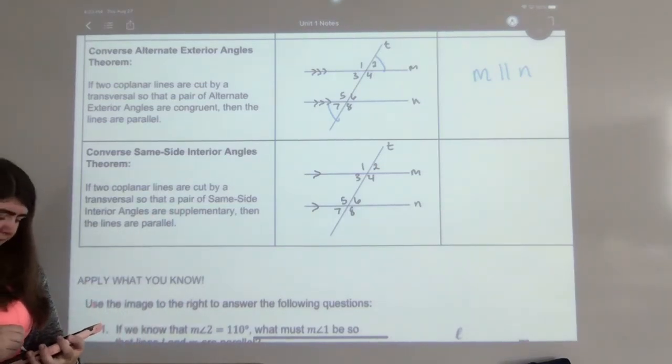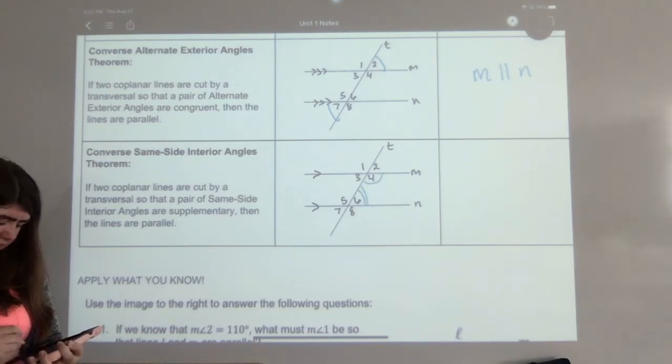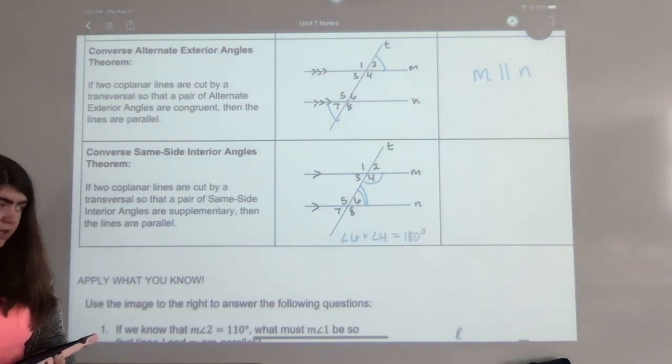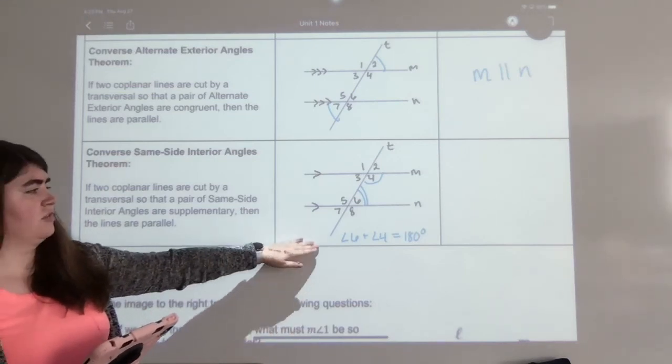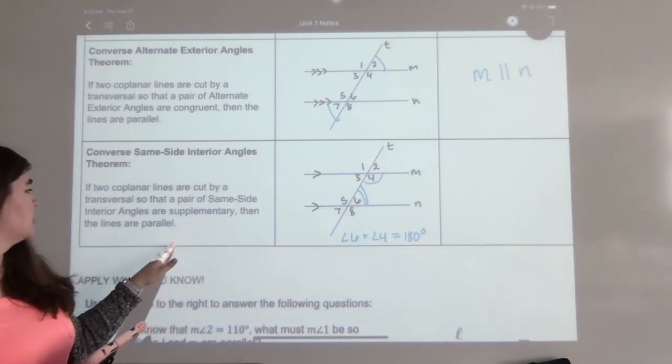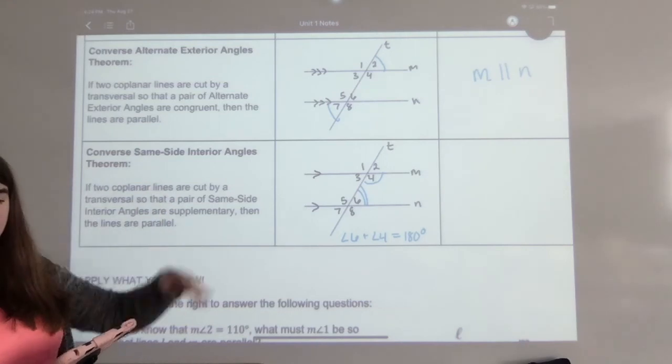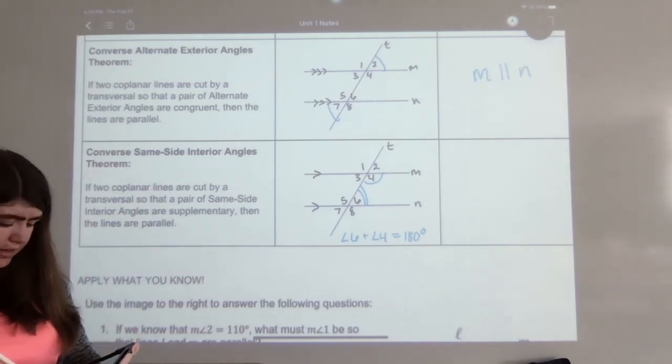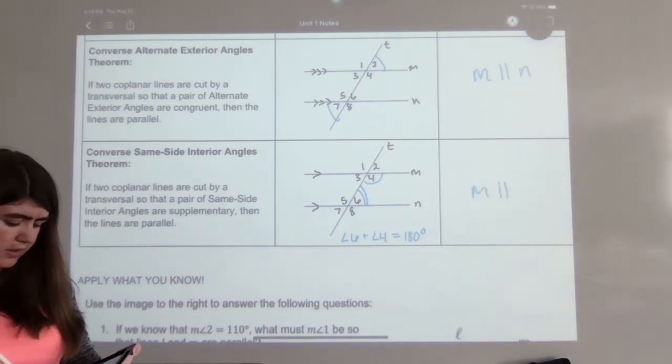So if I have angle 4 and angle 6, and I say that angle 6 plus angle 4 is equal to 180 degrees, and I know that this is true, then what I can conclude is that the lines are parallel. Line M is parallel to line N.